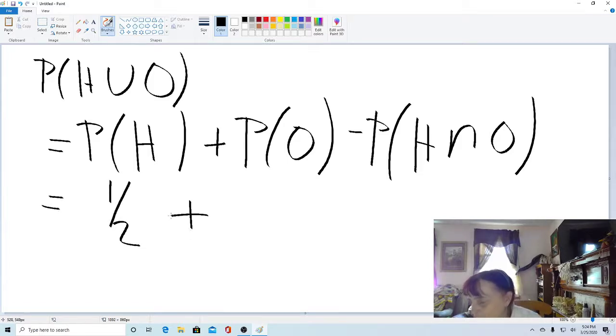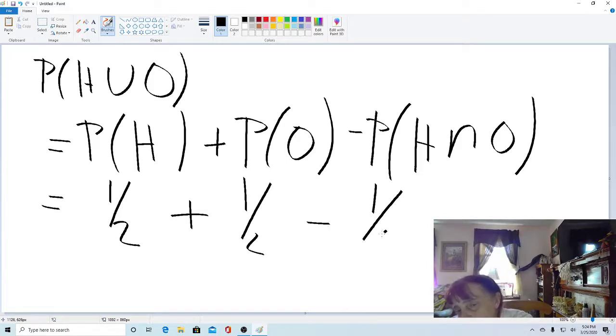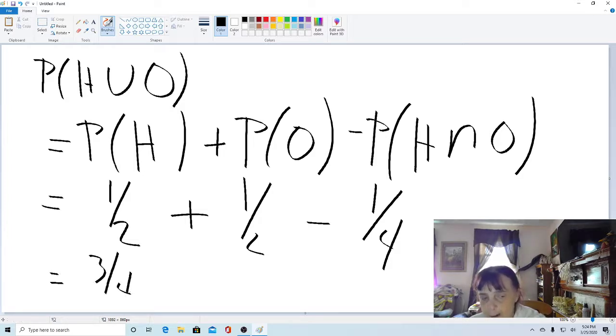For the probability of odd, you have 1, 2, 3, 4, and 2 of them are odd, so it'd be 1/2. And a head and an odd number is 1/4. And 1/2 plus 1/2 minus 1/4 is 1 minus 1/4, which is 3/4.